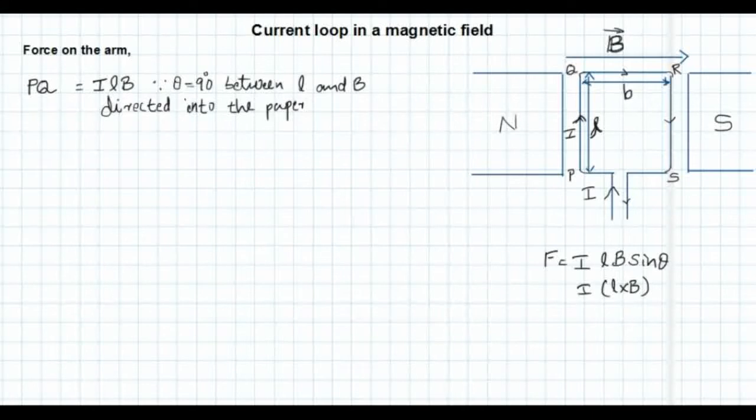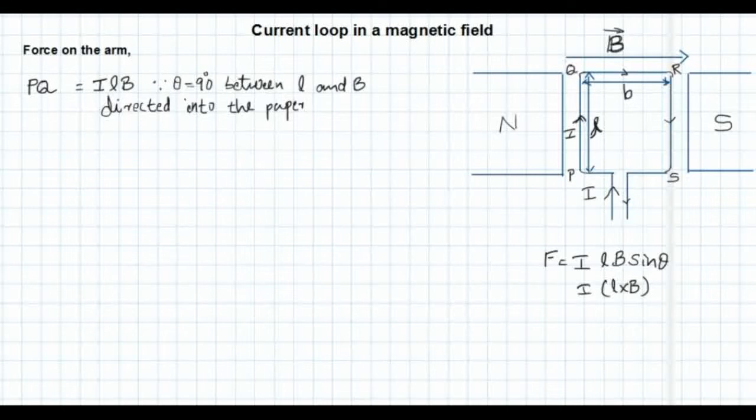Now what about the direction? What is the direction of this force? The direction can be found using Fleming's left hand rule. Stretch your middle finger, forefinger and thumb perpendicular to each other, such that the forefinger is in the direction of B, and your middle finger is directed upward.